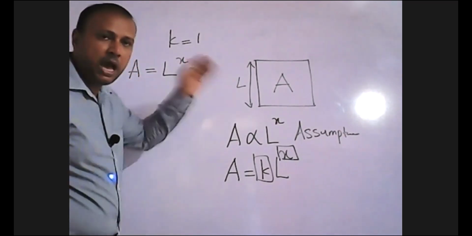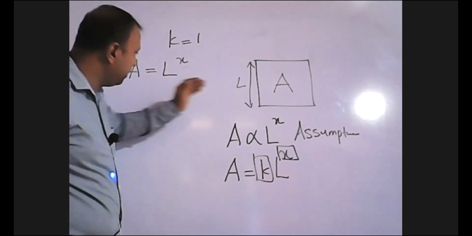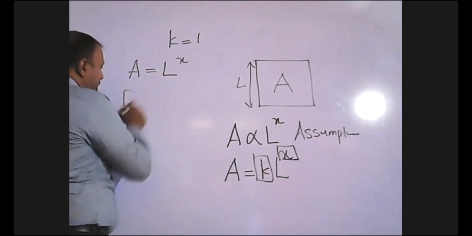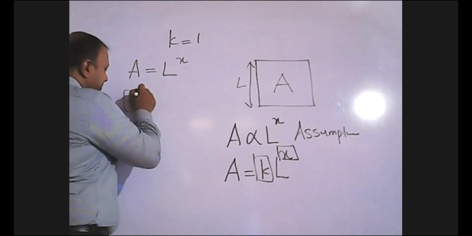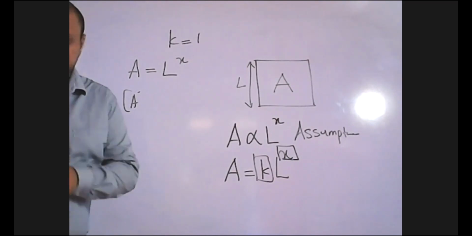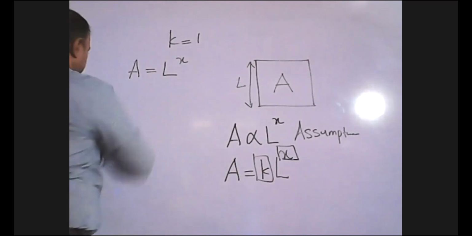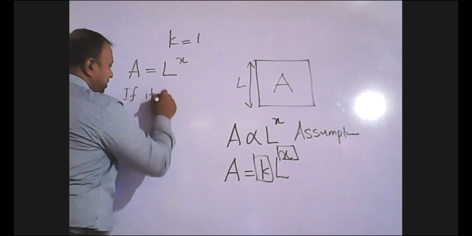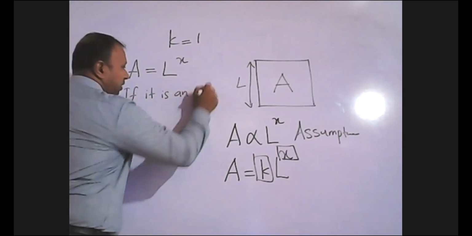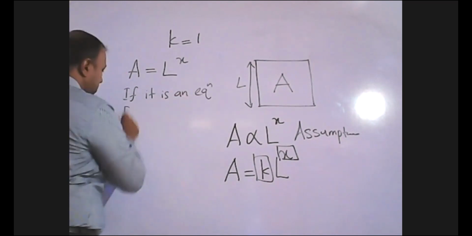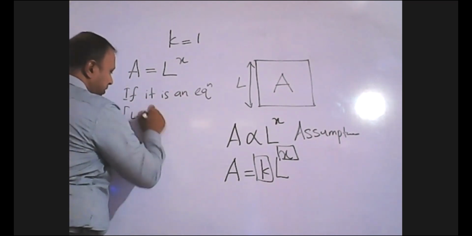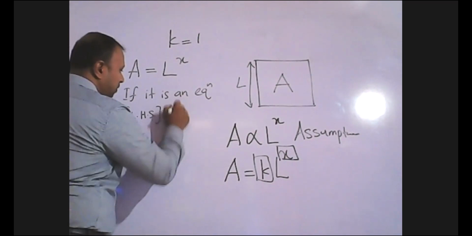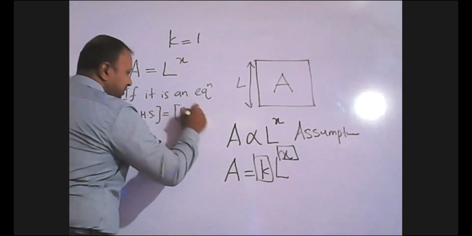That is my next argument. So if it is an equation, the dimension of LHS should be equal to the dimension of RHS.